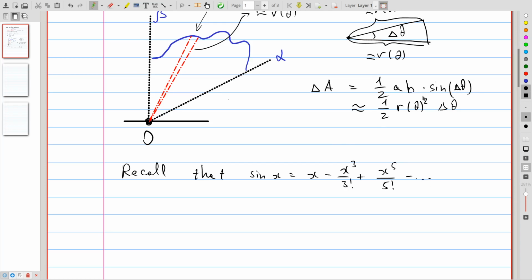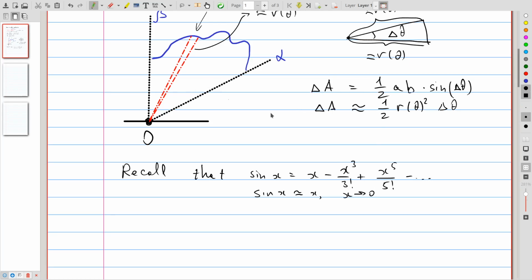And so when x goes to 0, we are effectively truncating these terms, just leaving the first term. So we're saying that sine x is approximately x when x goes to 0, because the subsequent terms are much smaller. When x goes to 0, they are of higher order, and they vanish even faster than x does.